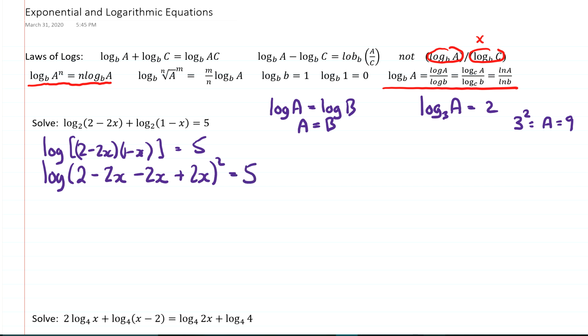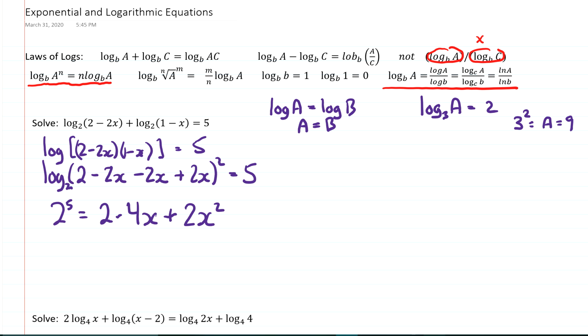And the base of our log is still going to be base 2. So it looks like we're going to be using the second choice here. So we'll move this over. So this would be 2 to the power of 5 is equal to 2 minus 4x plus 2x squared.